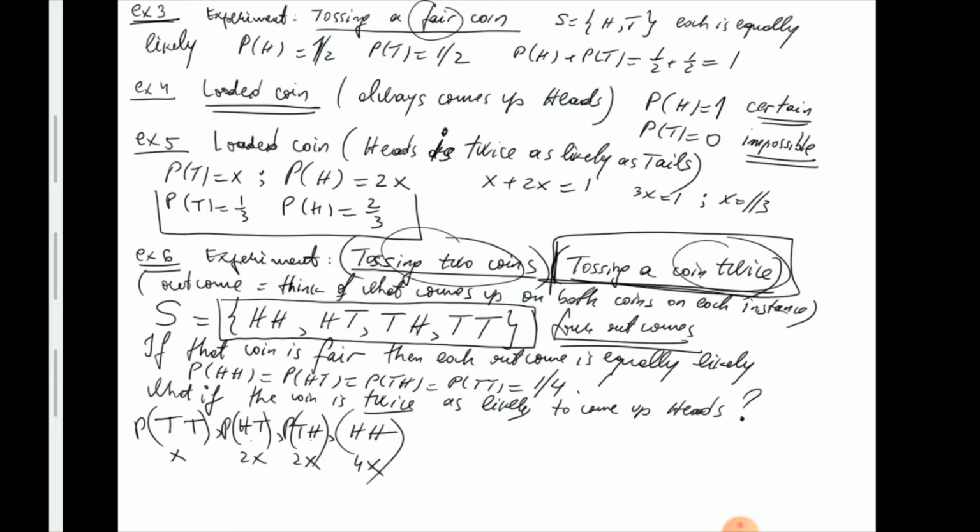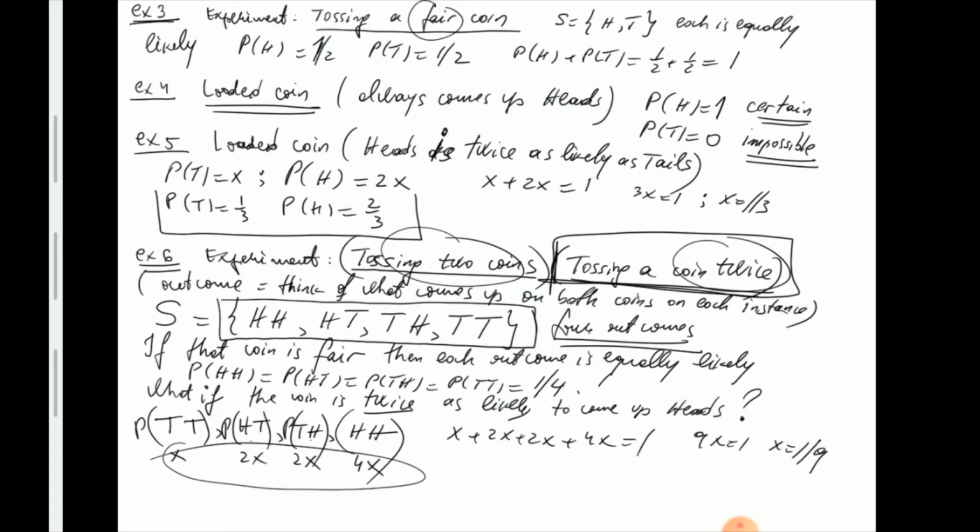So when you put this together, a probability assignment that satisfies this assumption of the loaded coin is that x plus 2x plus 2x plus 4x should be equal to 1, which makes 9x equals 1, so x equals 1 over 9.